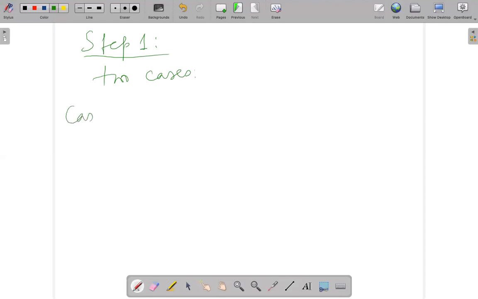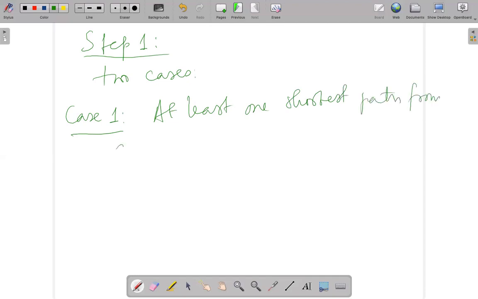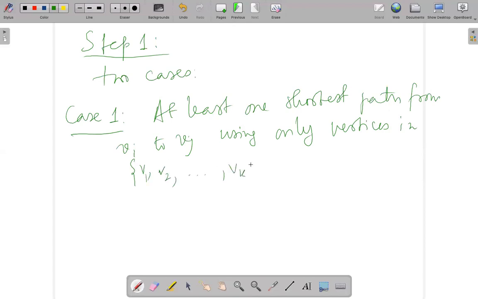So case 1 is at least one shortest path from vi to vj using only vertices in v1, v2 up until vk as intermediate vertices, does not use vk.